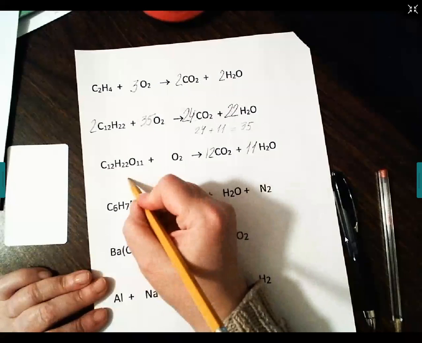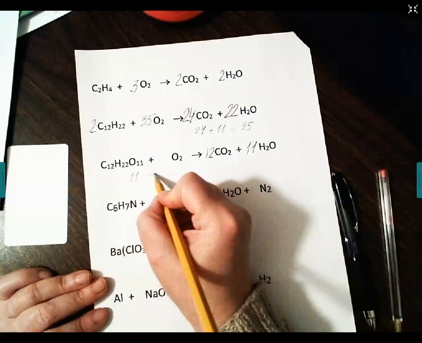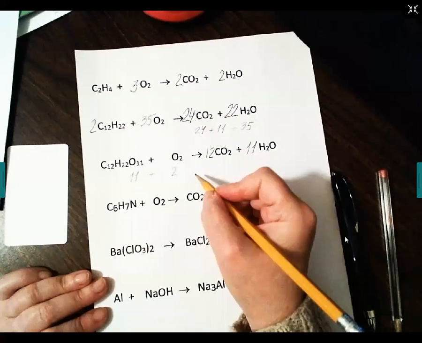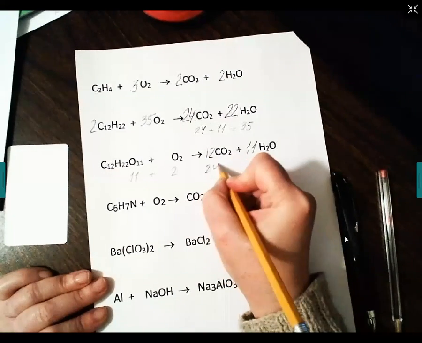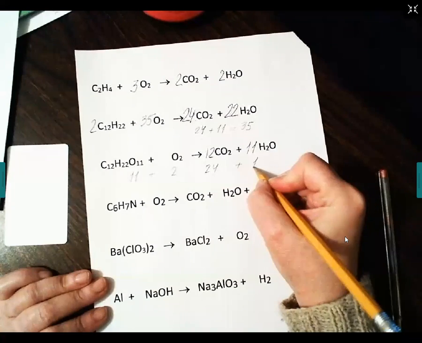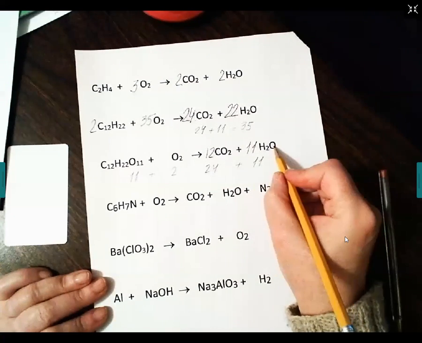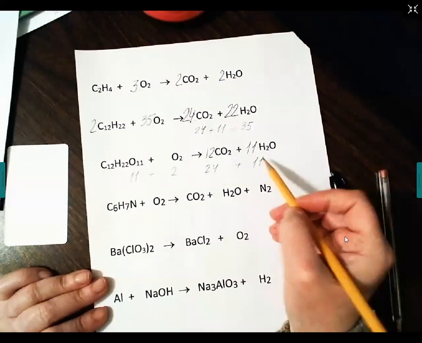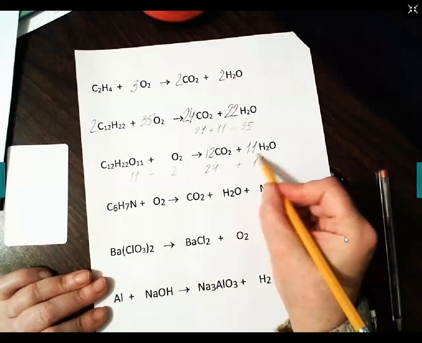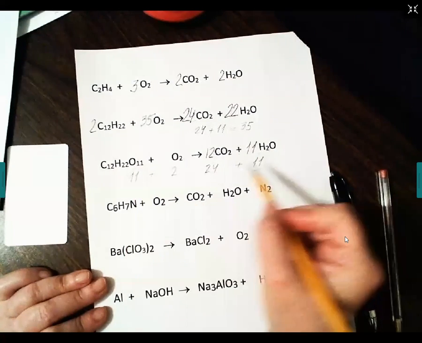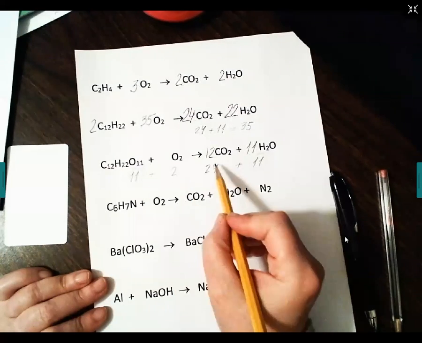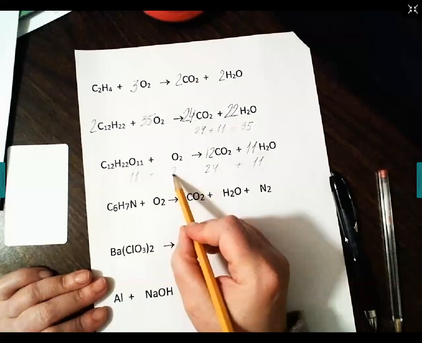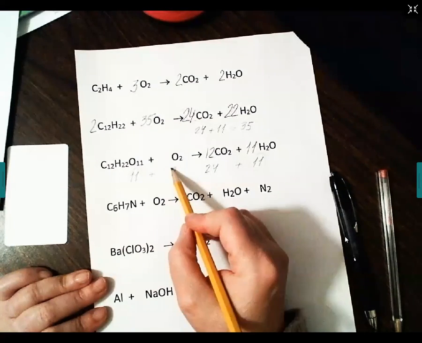We have 11 plus 2 on the left side and 12 times 2, 24 plus 11 on the right side. So this 11 and this 11, right, balance each other. So we need to balance 24 using just this oxygen.